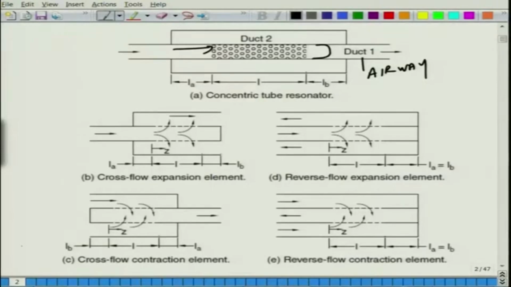Now, in the annular cavity, at least for this configuration CTR, whether it is partially perforated or fully perforated, does not really matter, we are assuming there will be no flow, 0 mean flow. That may not be 100% correct, there might be some mean flow at least in these regions. Annular cavity definitely does not have mean flow, but in the middle of the section, depending on the length, you could have some non-zero mean flow. One really needs to do a CFD analysis to resolve the steady state flow fields, maybe RANS simulation or something like that would help.